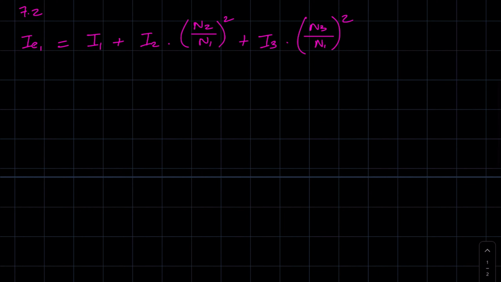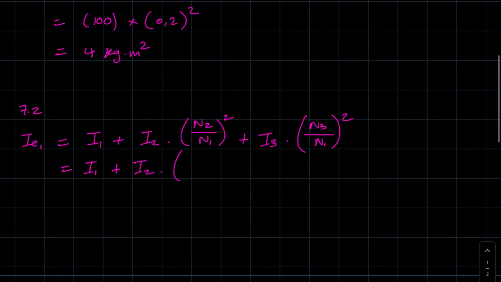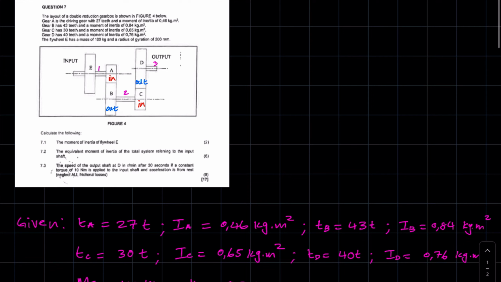Now using number of teeth, this would then be equal to I1 plus I2 times, in terms of number of teeth, the gear ratio between the input and the intermediate shaft.